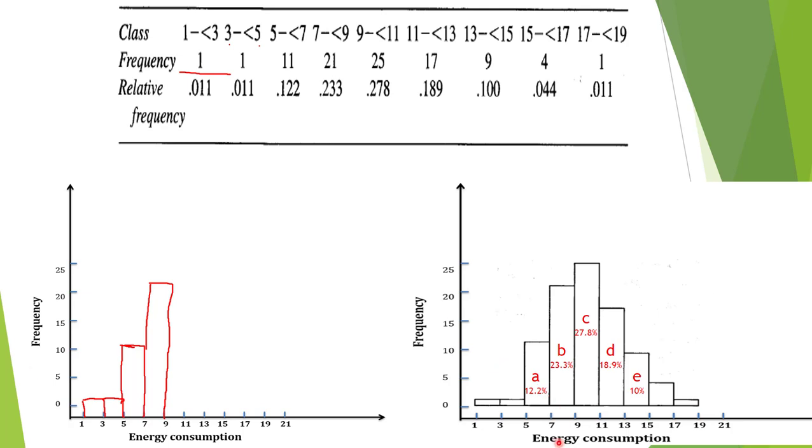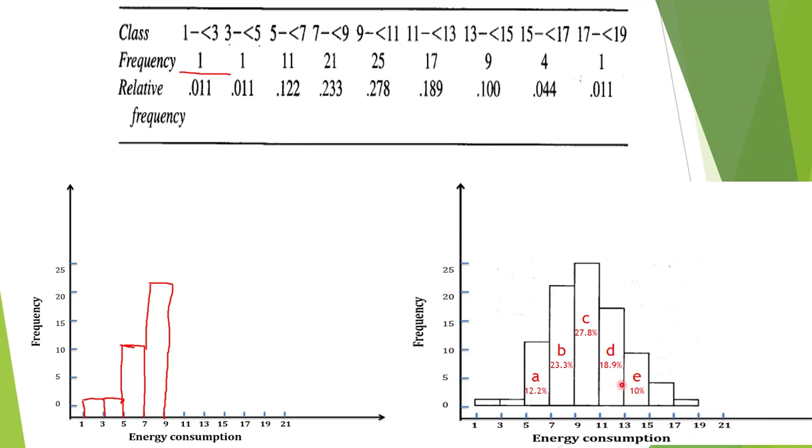So let's take a look. The height of the bar, like I said, represents the number of homes you have. And do you still remember that when we talk about relative frequency, these numbers here represent the percentage of homes that fall within each of these classes.